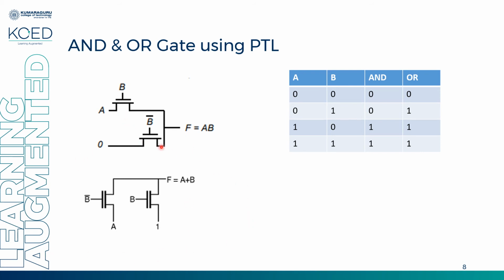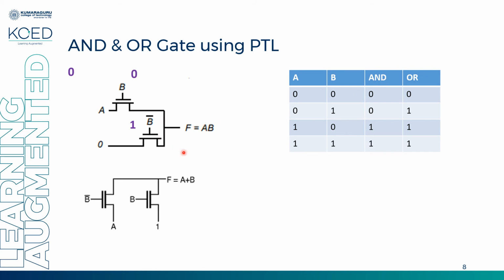So now let me check what happens if I force all these input sets. First, 0 0 combination. So A is 0 and B is also 0. If B is 0, B bar is 1. Which transistor will turn on? NMOS will turn on for a higher value, so 0 will be obtained as the output.